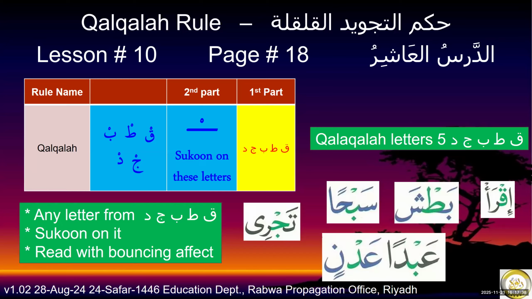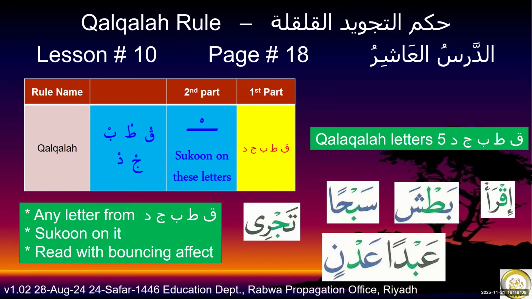Ustaz, can you please repeat the rules of the Qalqalah? Okay. Whenever these 5 letters, qaf, ta, ba, jim, dal, come in a word in any position with sukun, then the qalqalah rule must be applied. Qalqalah means the sound should come back. It should not be applied when they carry fatha, kasra, dhamma, fathatain, kasratain, dhammatain; then we pronounce them directly.